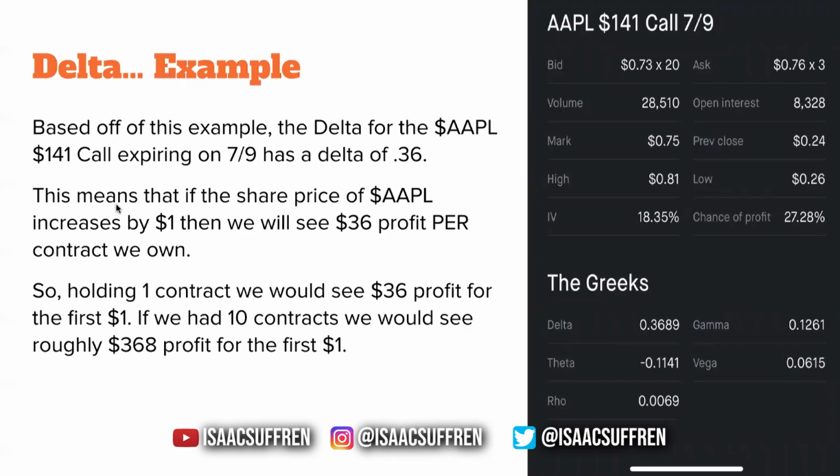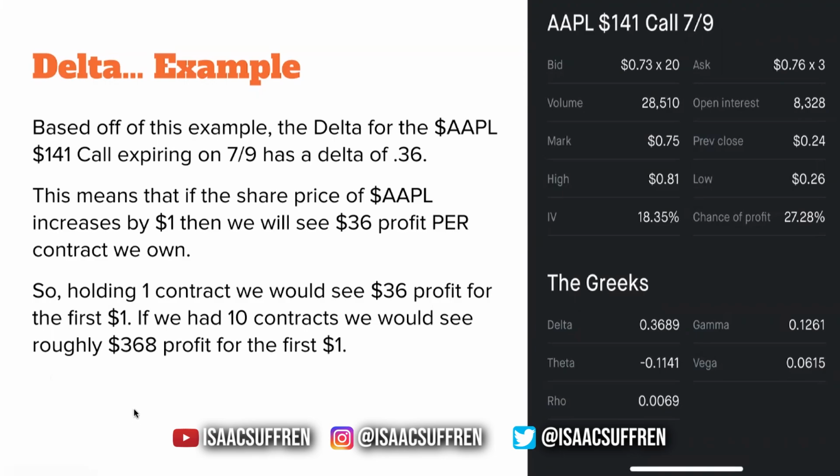This means that if the share price of Apple increases by $1, then we will see a $36 profit per contract that we own. So holding one contract, we will see $36 profit for the first $1. If we add 10 contracts, we would see roughly $368 profit for the first $1, right? You get me? And as the share price goes up, the profit goes up.